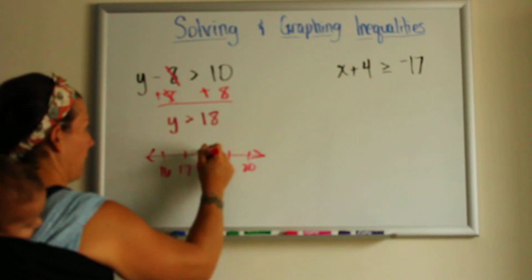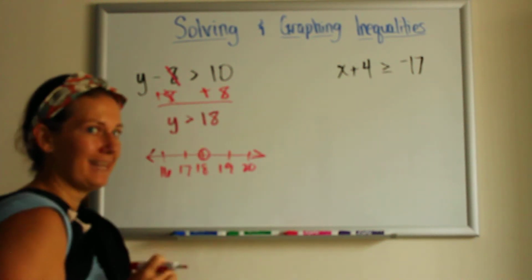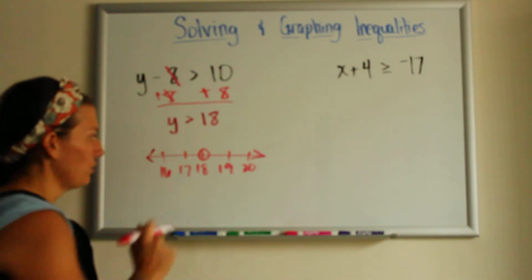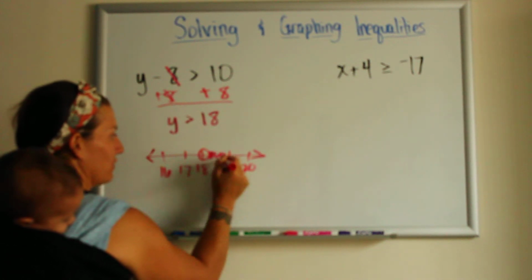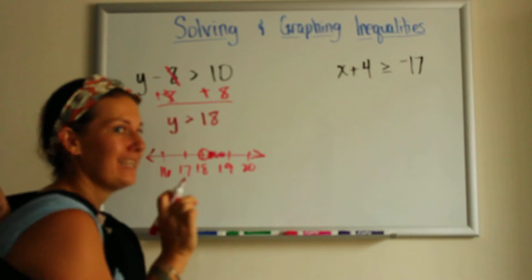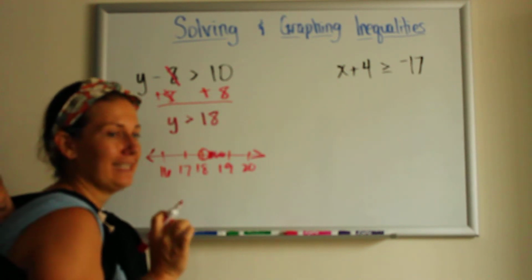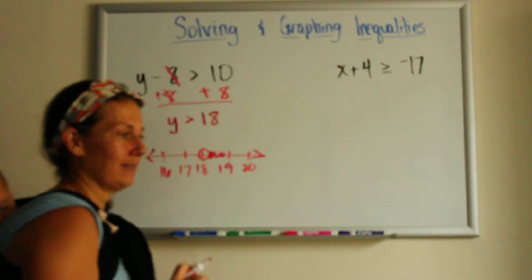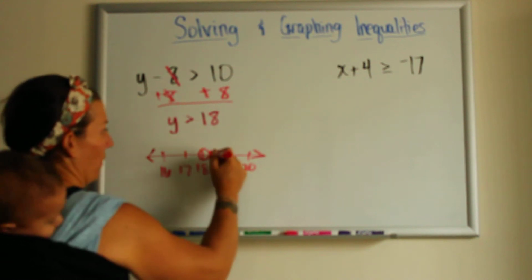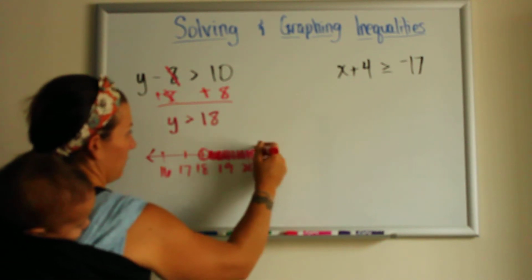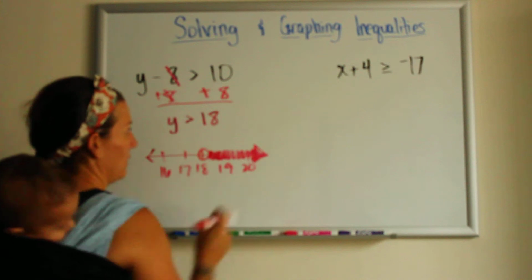So on the number line, I put an open dot, meaning that 18 itself is not a solution, but everything after 18, such as 18 and 100th, 18 and 1,000th, all those would be solutions. So I want to shade all the way from the 18 up.